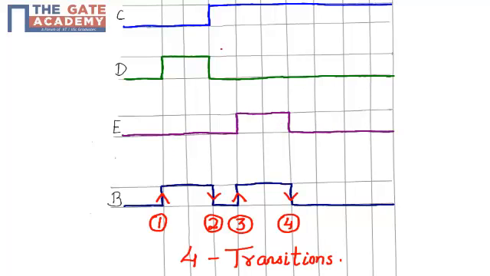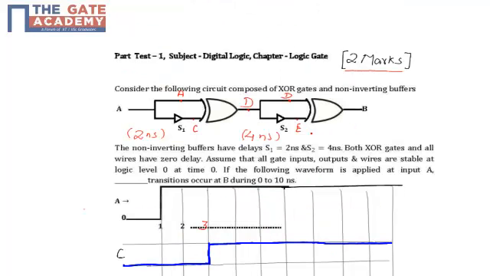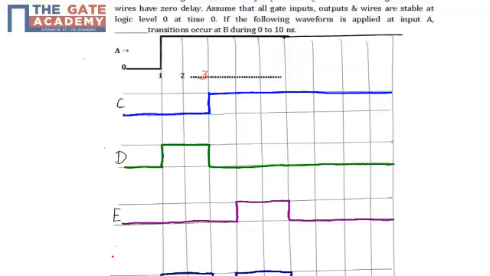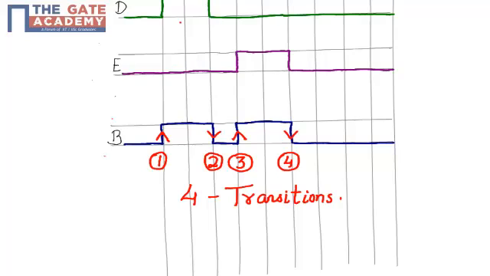So now again my output B is the XOR of D and E. So we can have a look over here. In this duration, that is 1 to 3, D is 1 and E is 0, so my B would be 1.